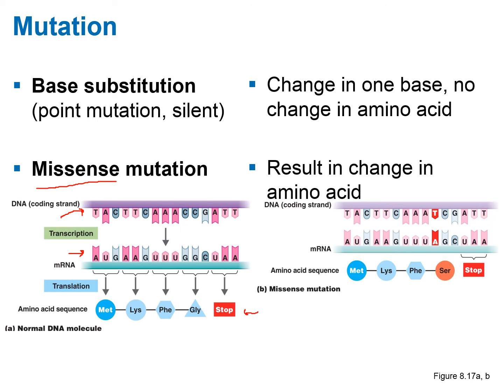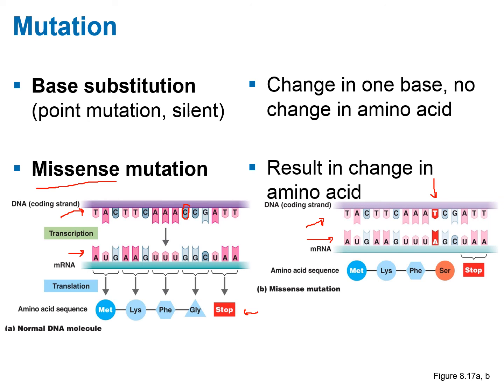So you can see that this purple sequence at the top encodes methionine, lysine, phenylalanine, glycine. Okay, and over here where we have our mutant sequence, the cytosine that's located here in our normal sequence has been changed to a thymine. So that's going to change the RNA sequence.